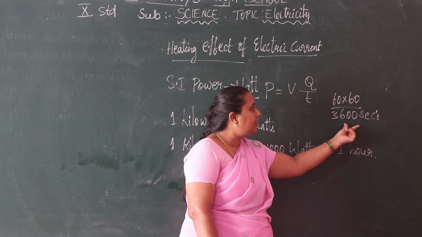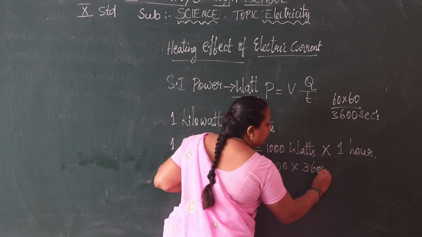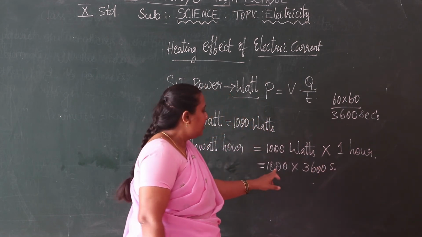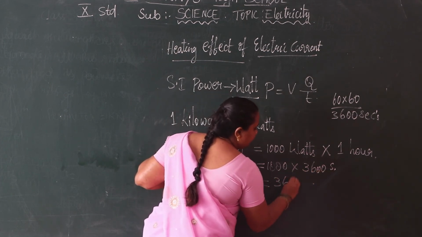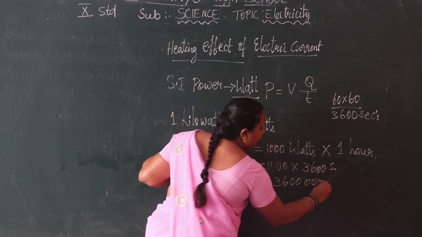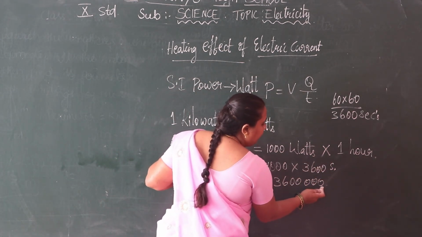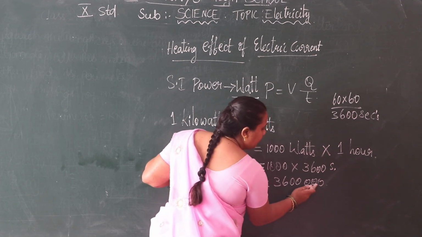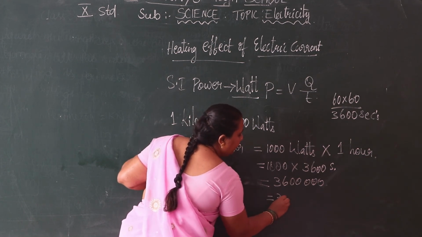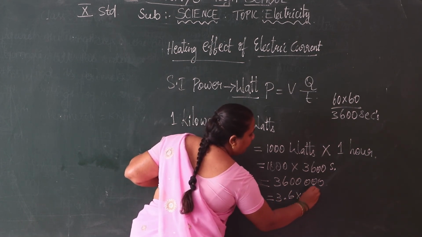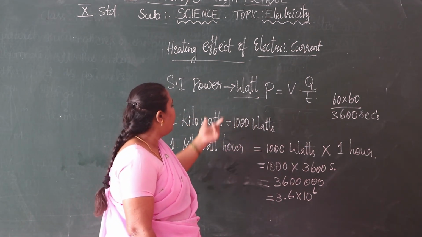Now we have 1000 watts into 1 hour, and 1 hour is 3600 seconds. So we calculate 3600 into 1000. Writing in decimal points, this is 3.6 into 10 to the power of 6. What is the SI unit of power? Watt, and the SI unit of time taken is seconds. So watt second we write as joules.